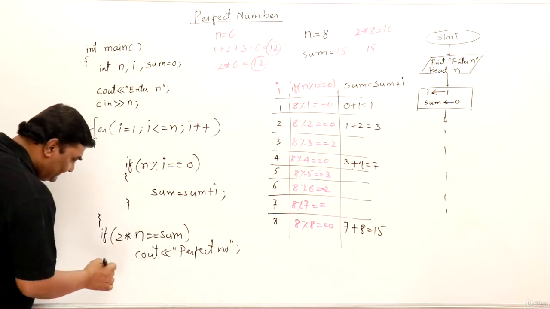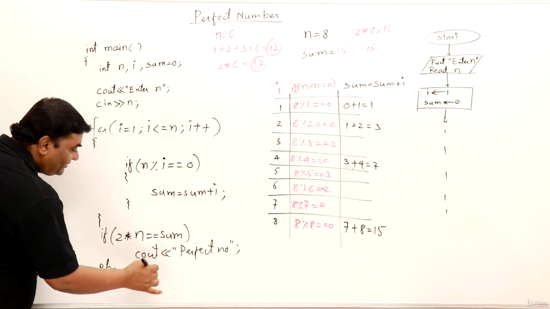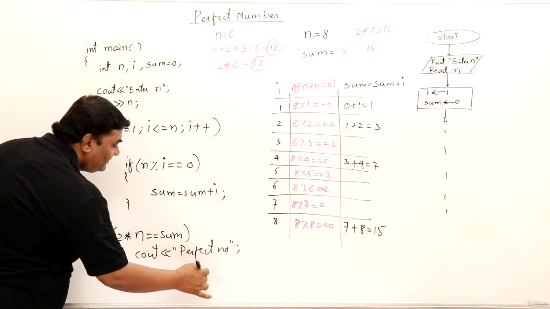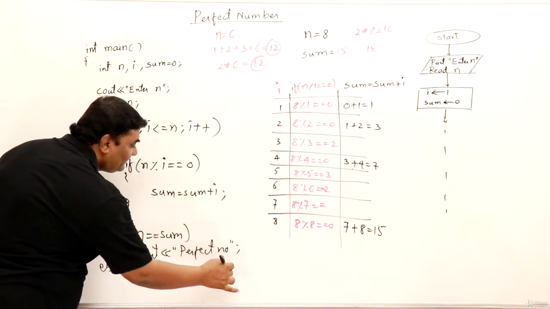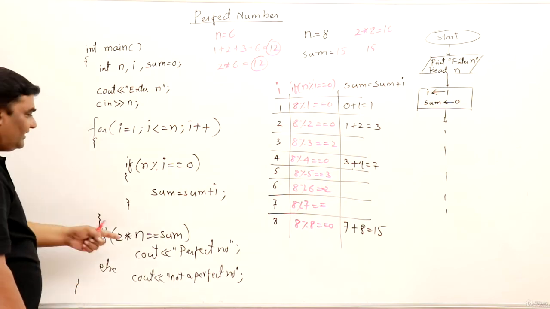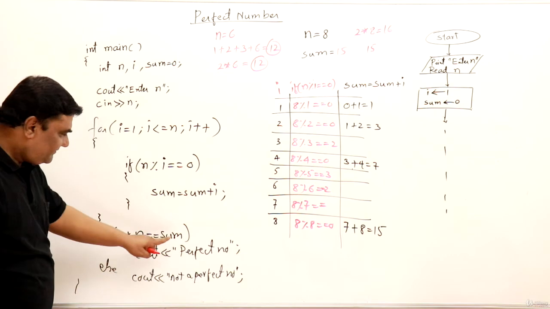Else, if it is not equal, then cout not a perfect number. That's all. This is so simple. Earlier I just printed the sum. Now I am checking whether double the number is equal to sum.